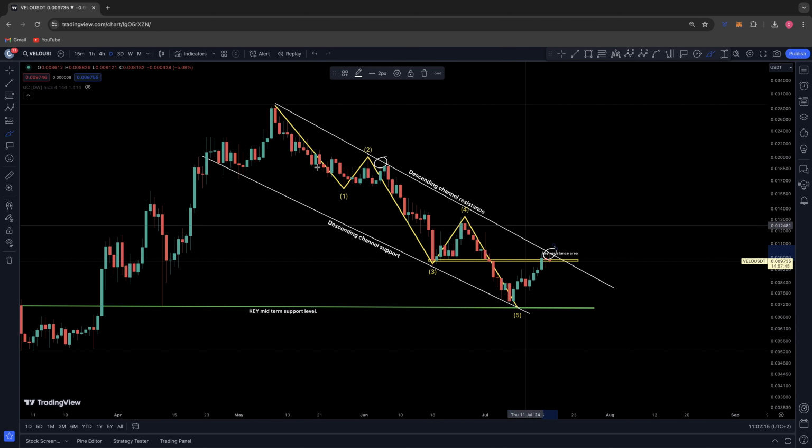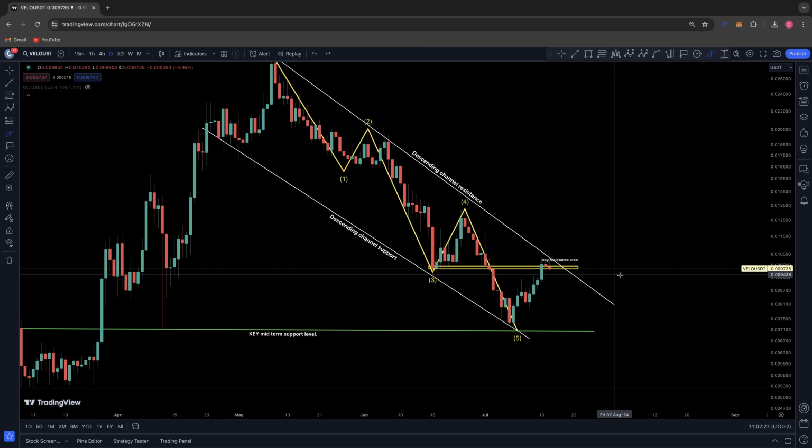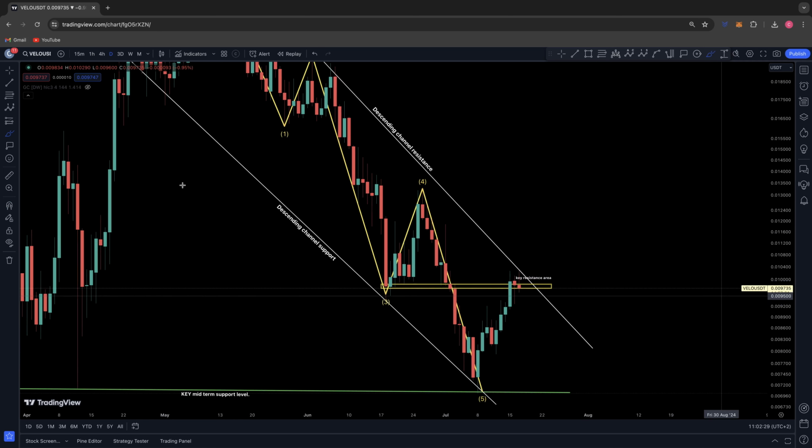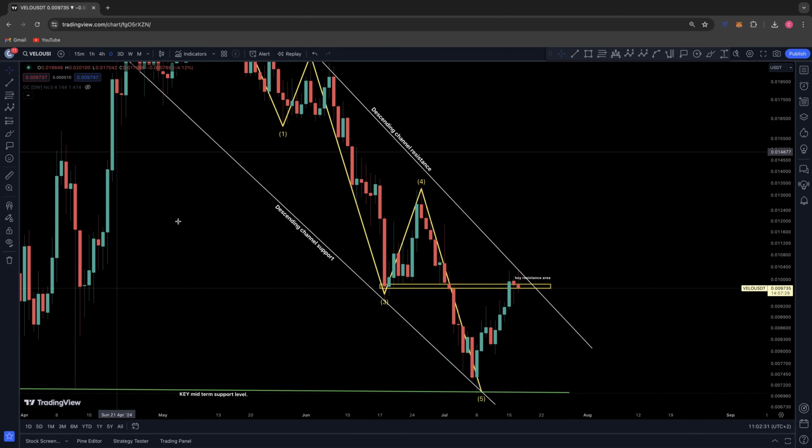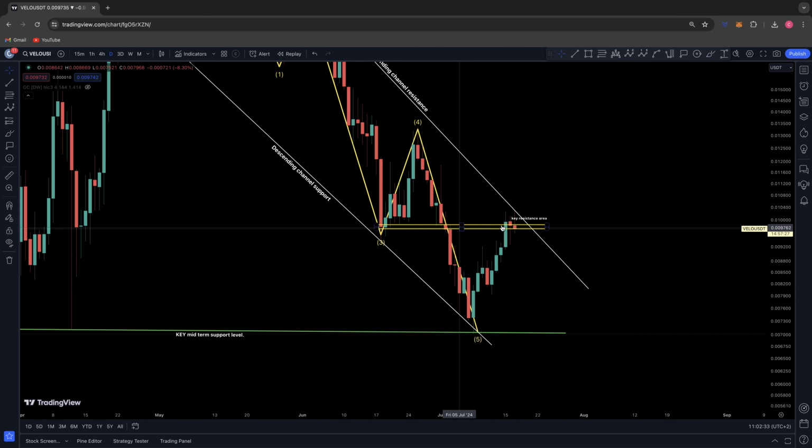We've just had our third point of contact. From where we started this 5-wave correction, we had this point of resistance, a second point of resistance, and now we've come up for a third point of resistance. It's a very important area that VELO needs to break through.